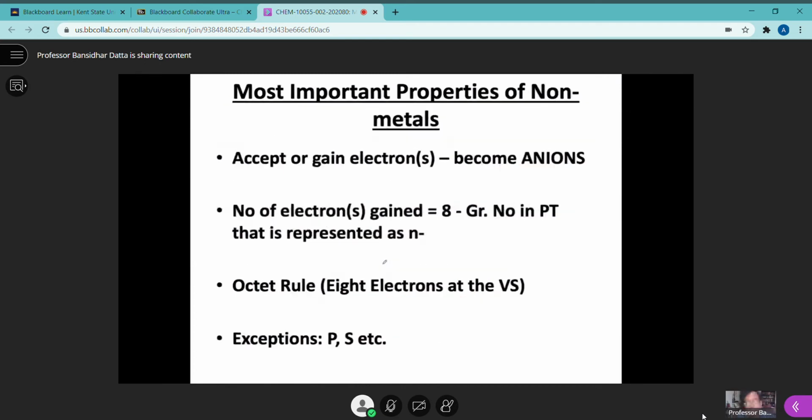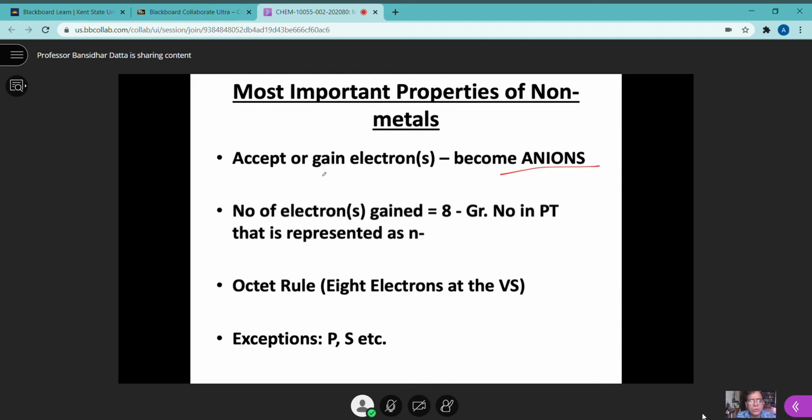Now the properties of the non-metals are very similar, but exactly opposite of the metals. Non-metals accept or gain electrons to become anions. Anions means negatively charged particles. Remember, group 5A, 6A, and 7A are pure non-metals.